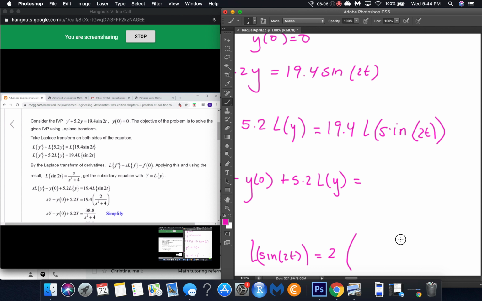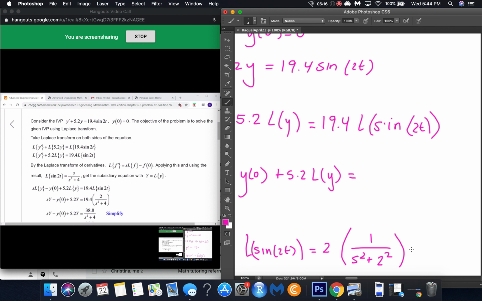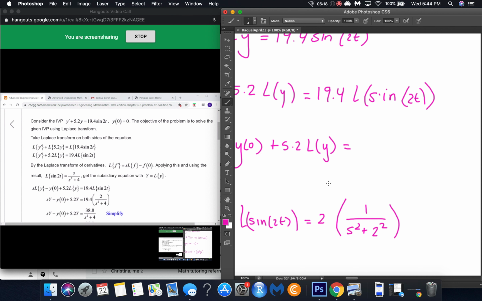So 2 times 1 over s squared plus omega, which is the number inside the parentheses, squared. Okay, so that's where that came from. So it's going to be 19.4 times 2 over s squared plus 4.